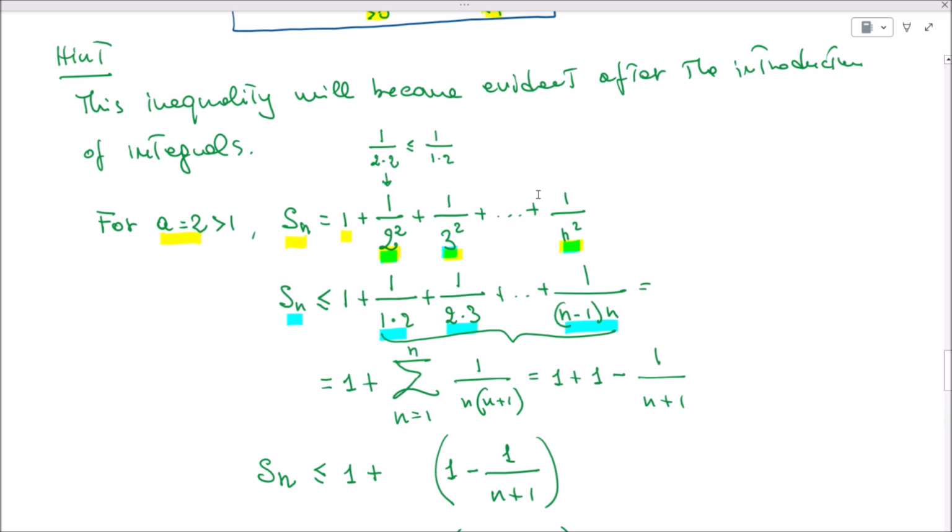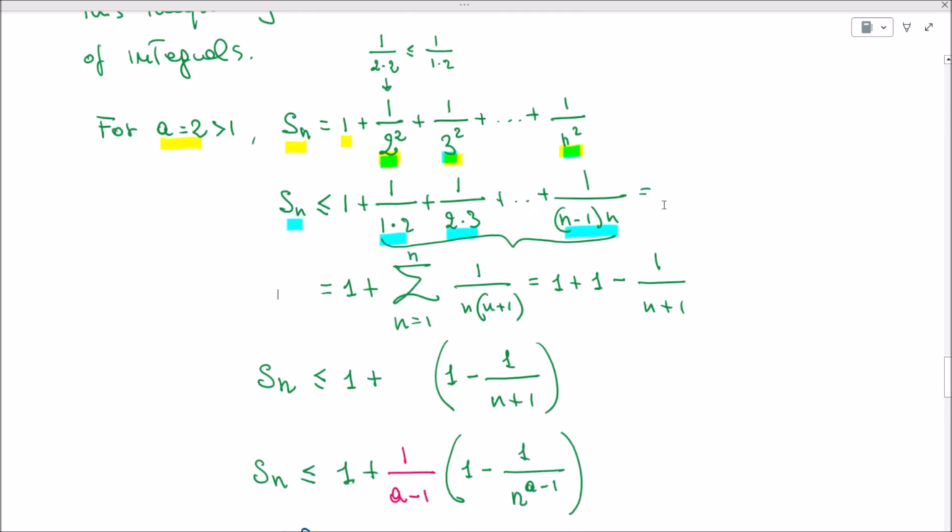But I think you remember where we encountered this, because this can also be re-expressed more compactly as 1 plus the sum as n goes from 1 to n of this fraction 1 divided by n times n plus 1. And this is just an example of a telescopic series.